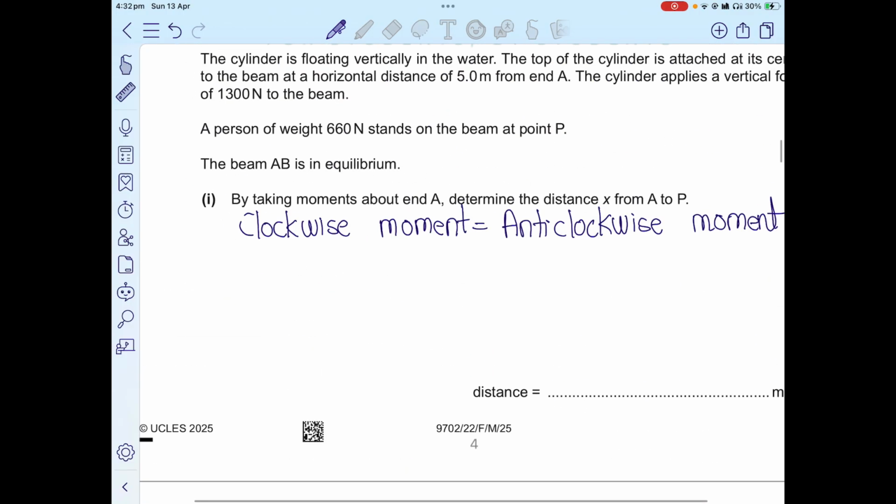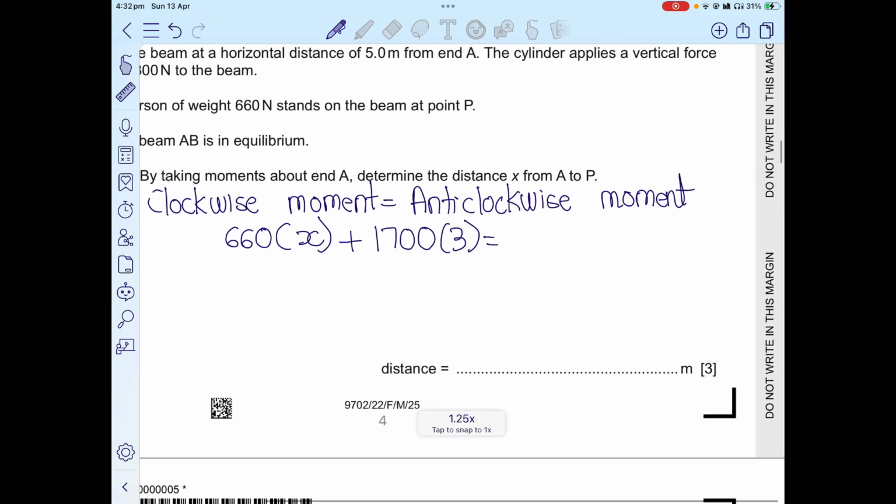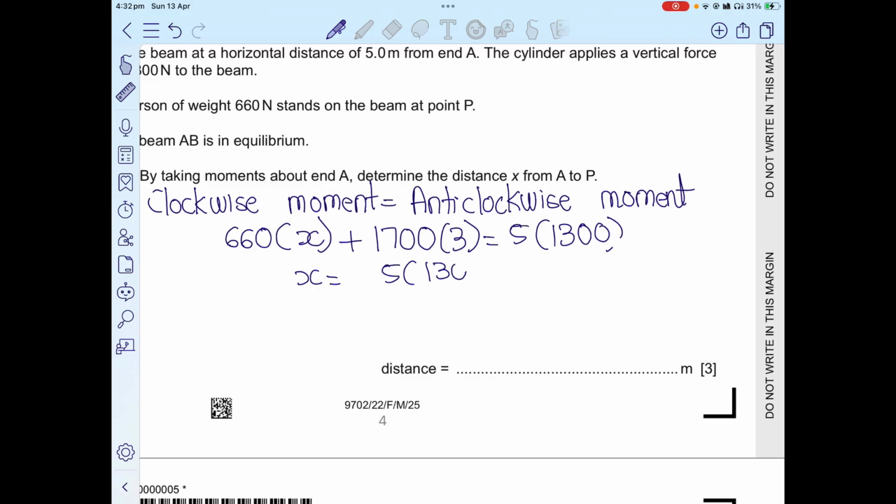is anti-clockwise. The weight of the person is 660 newtons times x, plus 1700 newtons, which is the weight of the rod, times 3, which is the distance from the hinge, is equivalent to 5 times 1300, which is the upward force provided by the cylinder times the distance. Now, in order to find x, I do 5 times 1300 minus 1700 times 3, divided by 660.